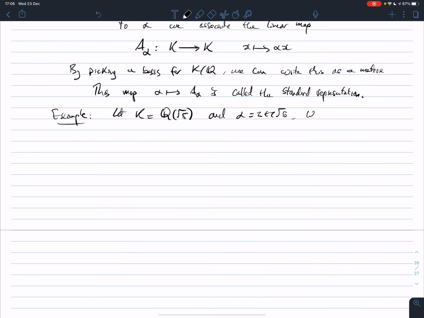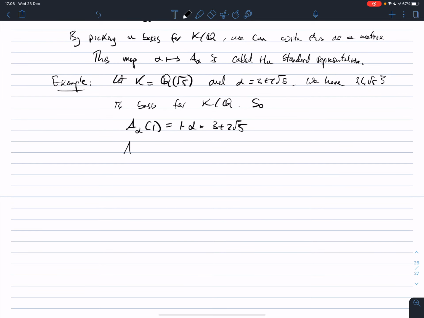We have 1 and root 5 is a basis for K over Q, right? Every element can be written as a plus b root 5. So this is our basis. So A alpha of 1, what's this? Well, this is 1 times alpha, which is 3 plus 2 root 5.